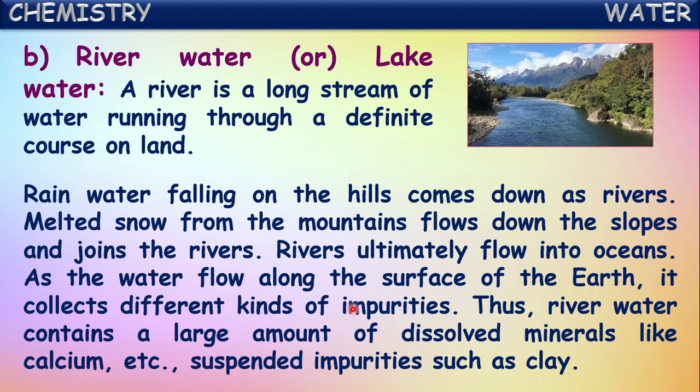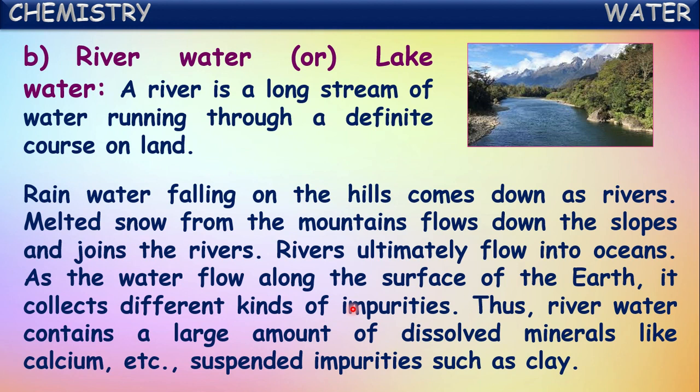So the rain occurring on the mountains and hills slowly comes down in the form of streams and forms a river. Melted snow from the mountains flows down the slopes and joins the rivers. From the polar regions and ice caps, the melted snow slowly reaches the rivers.